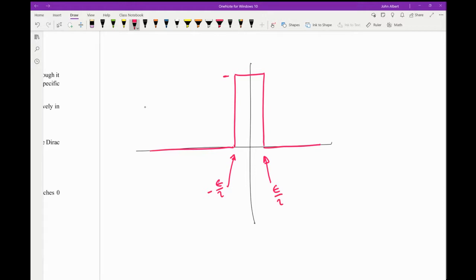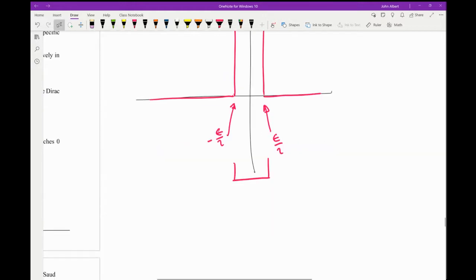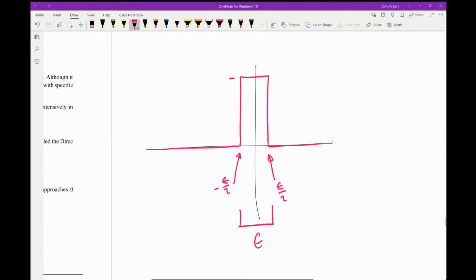So in fact, the width of this rectangular function is equal to epsilon. I start at minus epsilon over 2 and end at epsilon over 2. So the width there clearly is epsilon. And let me define the height of that rectangular function to be equal to 1 over epsilon.